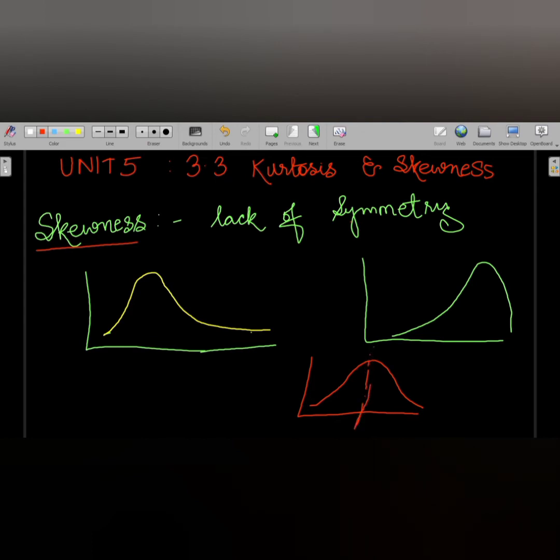If we divide it from the middle, we see the same magnitude on either side. So this is symmetrical. But what if the figure is not symmetrical? Then the term we use is skewness, because skewness tells that the figure is non-symmetrical. Clear?